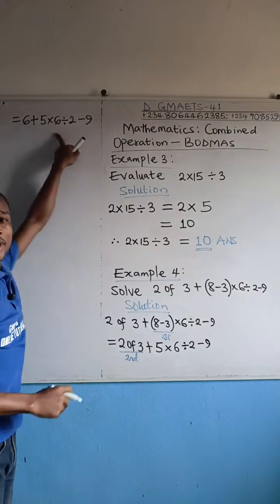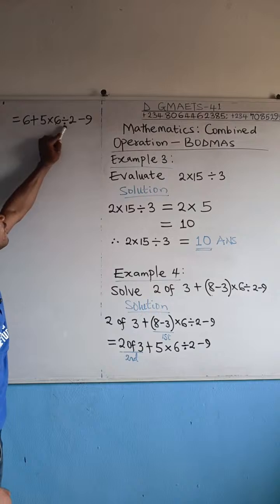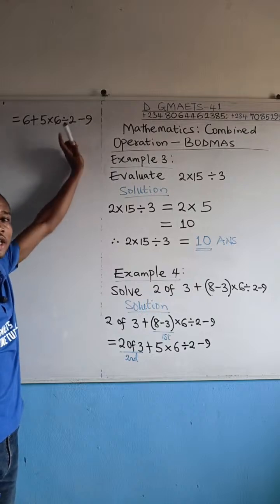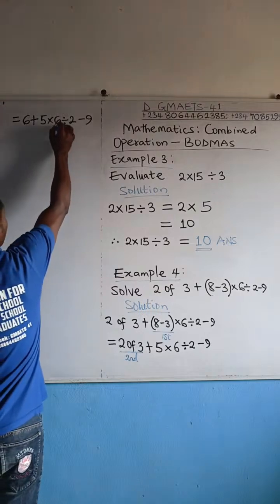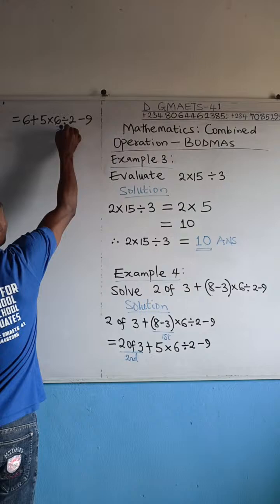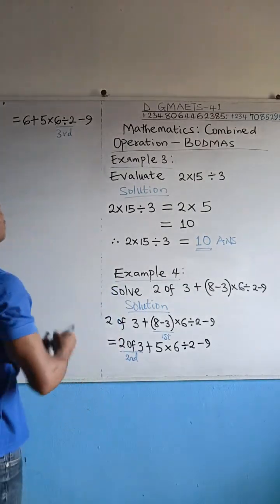This is the new thing we have now. Look at the operations we have there: plus, times, divide, and minus. If you have addition, multiplication, division, and subtraction, following BODMAS, which one will you do next? Division is the next one to do. So division is now the third process to handle.